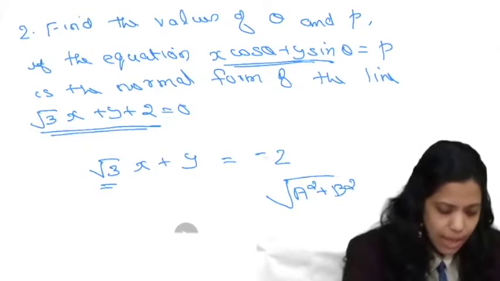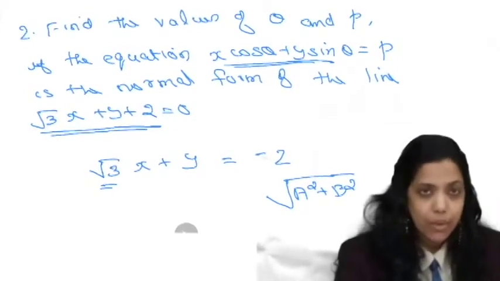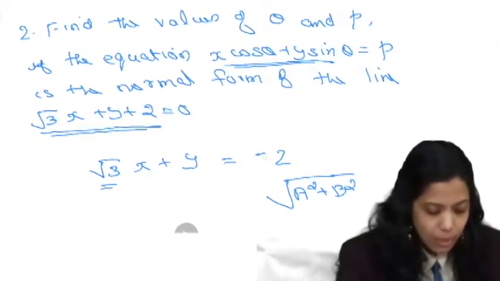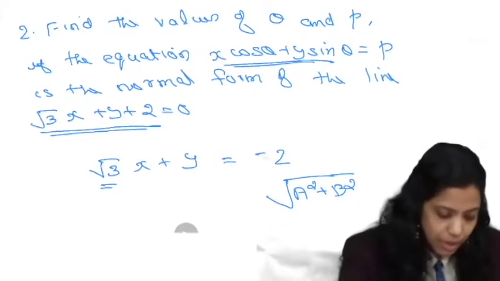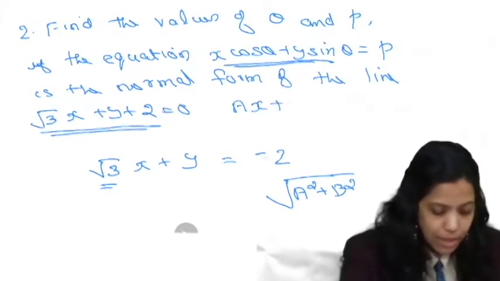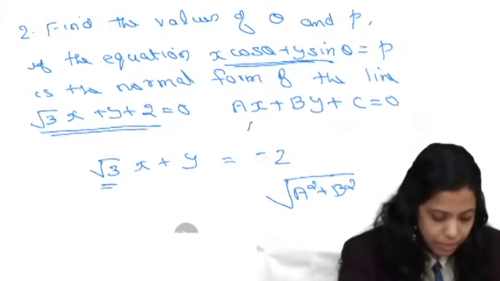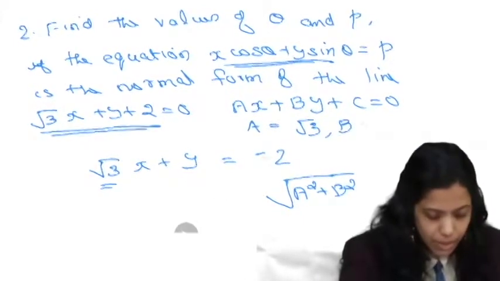So what is a and what is b? From the given equation, we can list the values of a, b and c. Here root 3x plus y plus 2 equal to 0 is the standard form given. So I am comparing with the standard form ax plus by plus c equal to 0, and we can list the value of a as root 3 and b as 1.